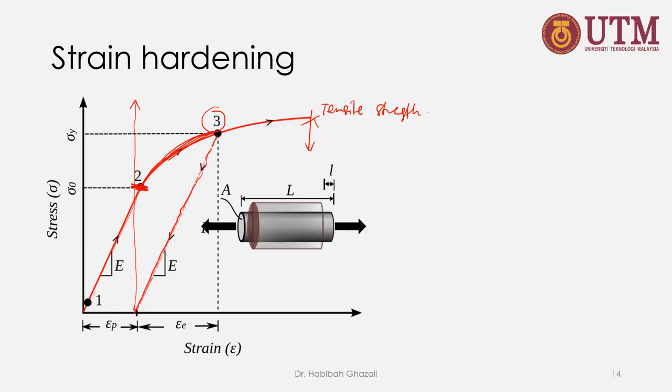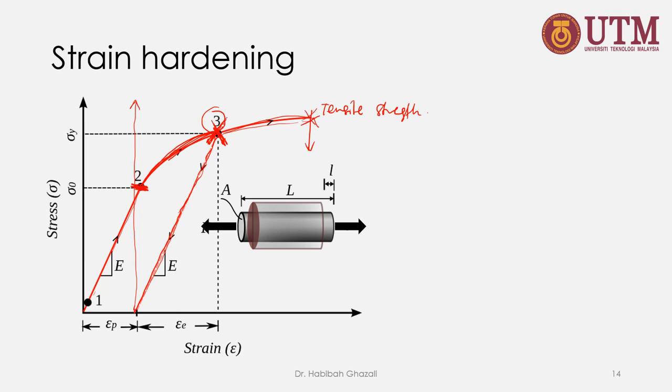When I do the test again to the same sample, what will happen is the yield strength now will move to this point. So the material will now experience plastic deformation at this point here. And it will continue. If I test it until it breaks, it will break at the same point.